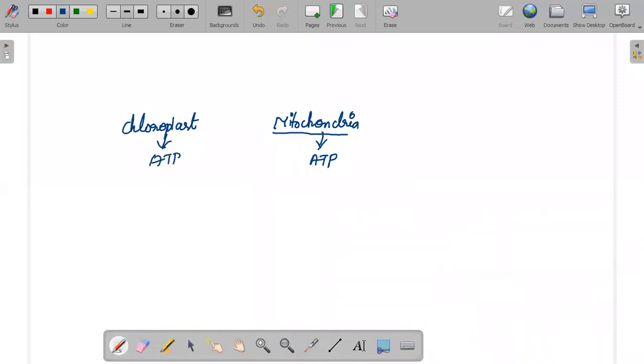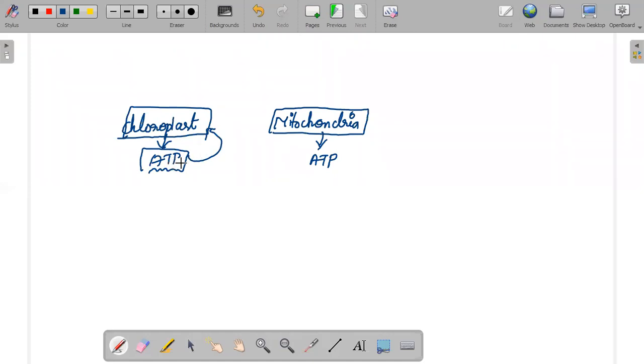Then we call only mitochondria the powerhouse of the cell, but we do not call chloroplast the powerhouse of the cell. In the light reactions, you have clearly seen how chloroplast produces ATP. Then why do we not call chloroplast the powerhouse of the cell? Very simple answer: whatever ATP is produced inside the chloroplast is utilized by itself only. Keep that in mind.